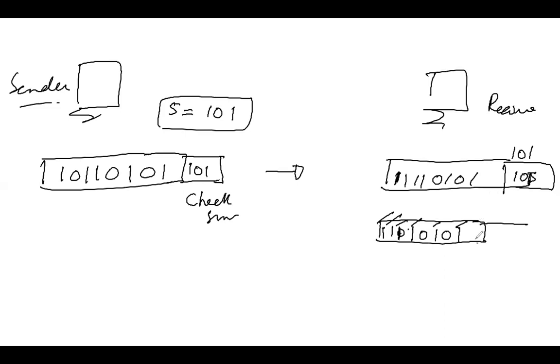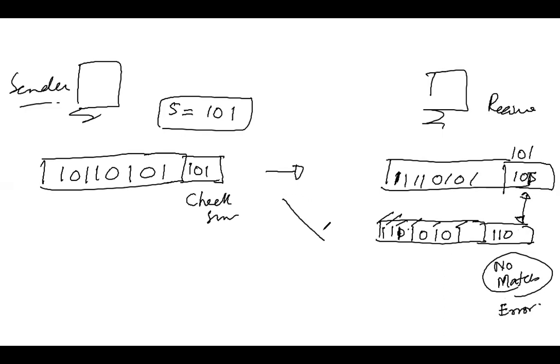So the total number of ones is 6, and here the code will come as 110. But when he compares it with the received one, 101, there is no match. Then he identifies the error.